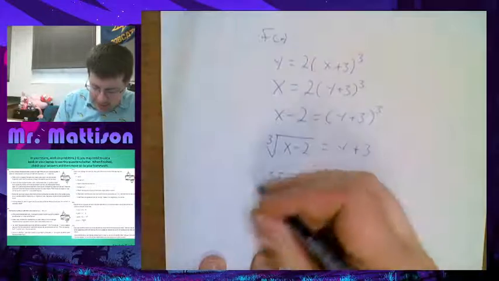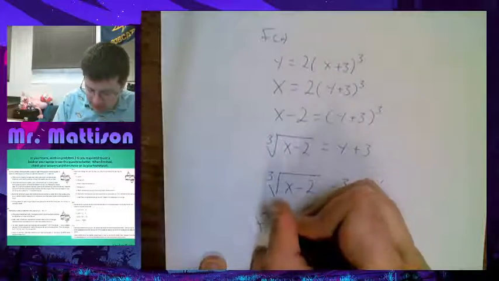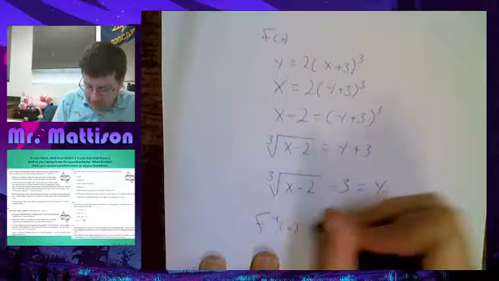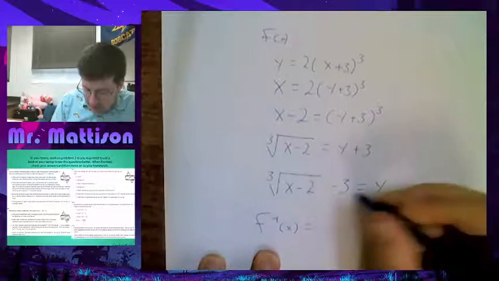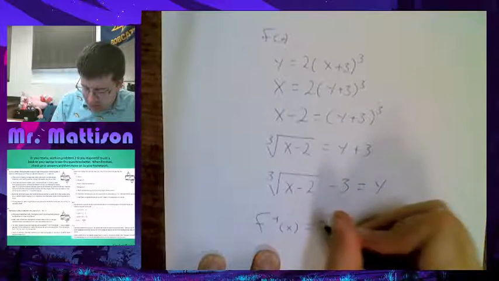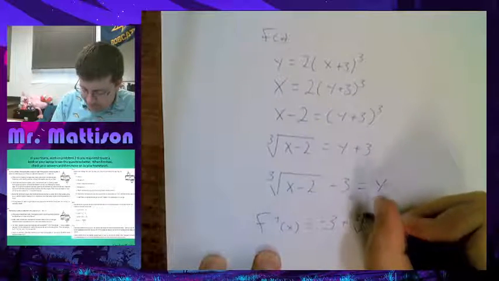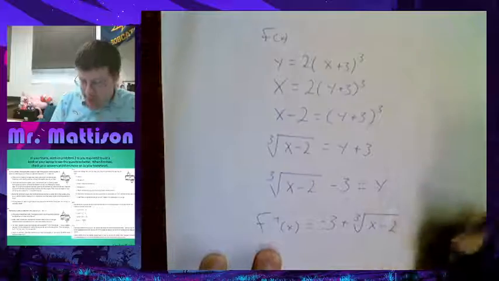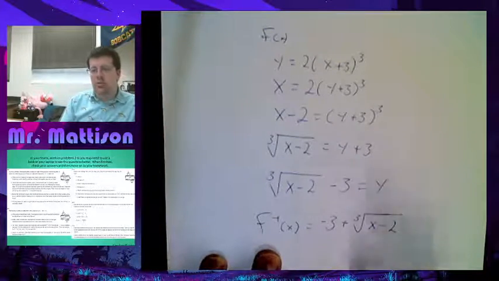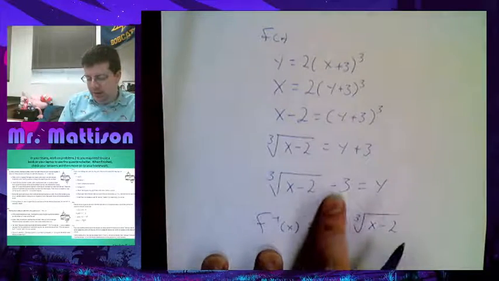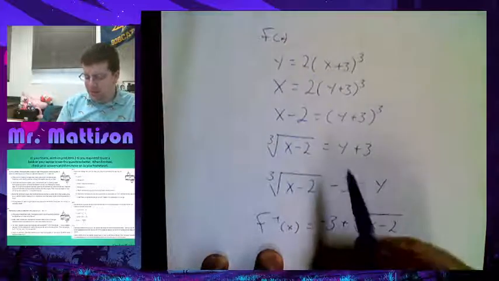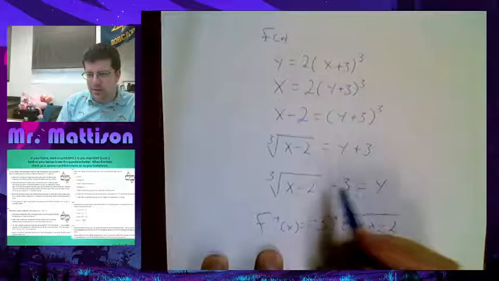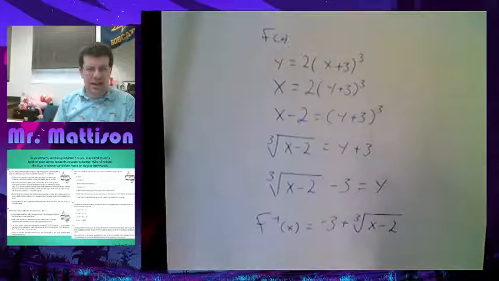So how I can denote that is we use this symbol for the inverse. F raised to the negative 1 of x is equal to, your book might say stuff like negative 3 plus the cubed root of x minus 2. That's only because we try and avoid putting things after radicals because it can be a little bit ambiguous as to, well, is the negative 3 under it or is it not under it, stuff like that.